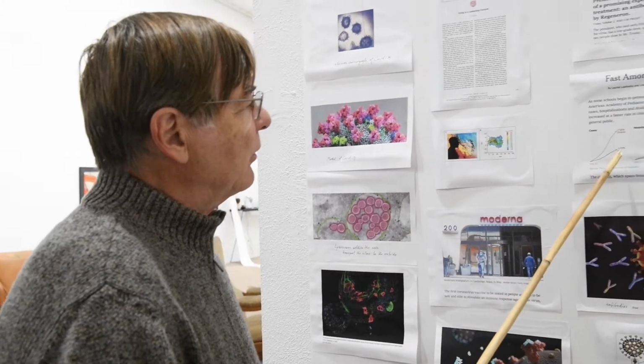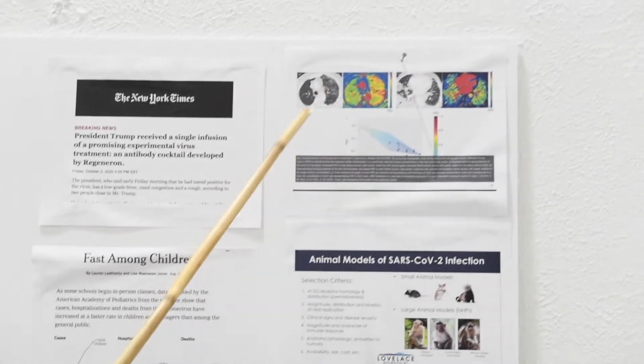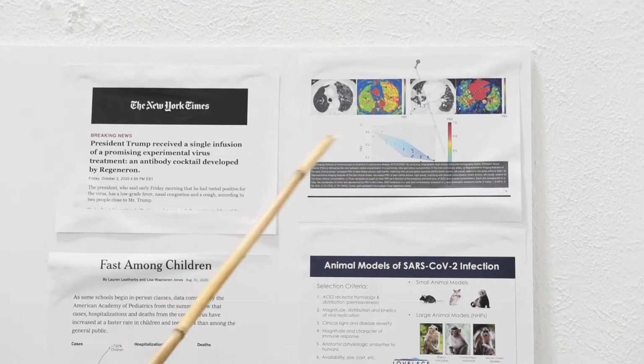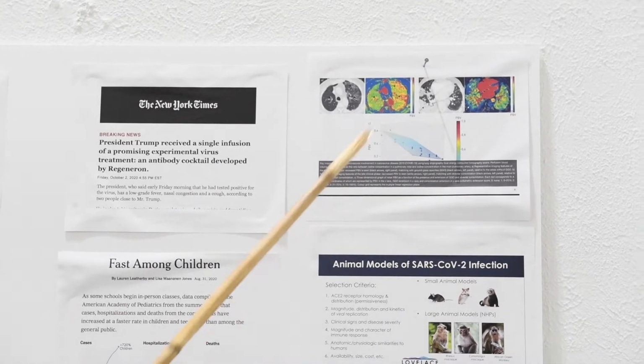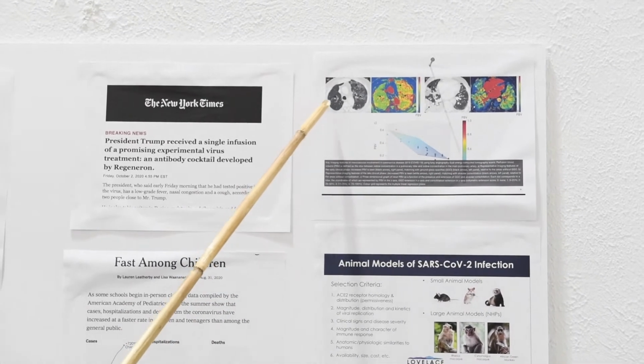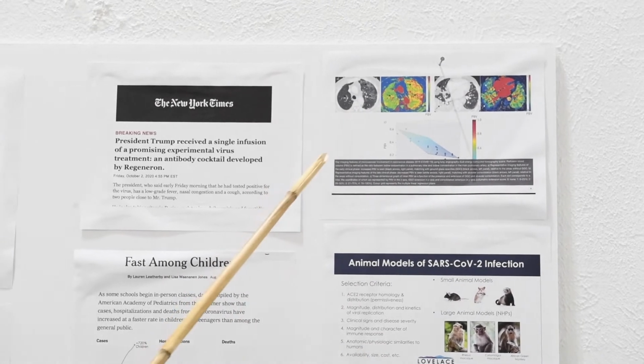This is a graph that shows that there is also infection in children. And over here on this panel, I show you what the problem is and what the patients are dying from. They are dying from the virus attacking the lung. And this is a CT scan, computer tomography scan.